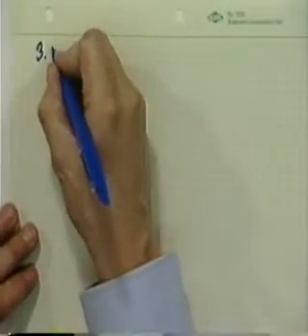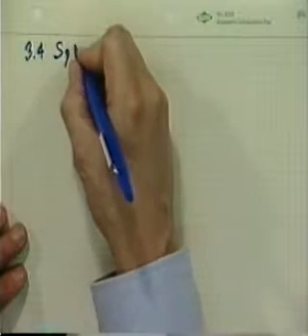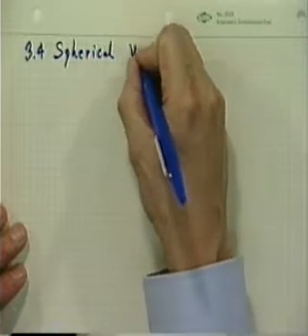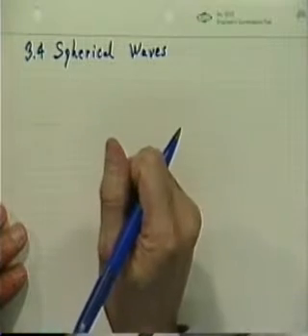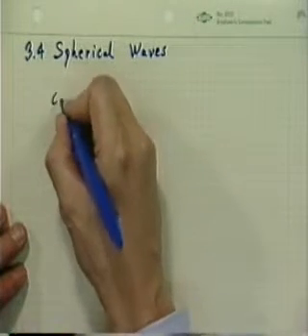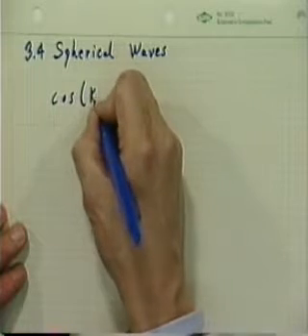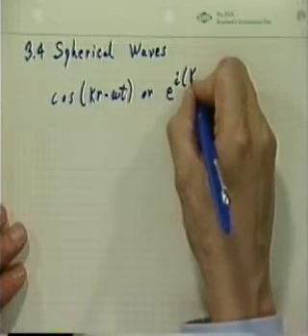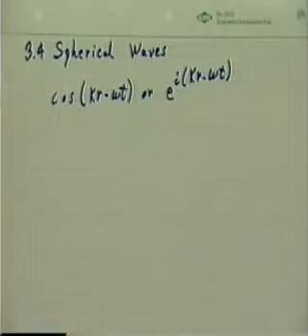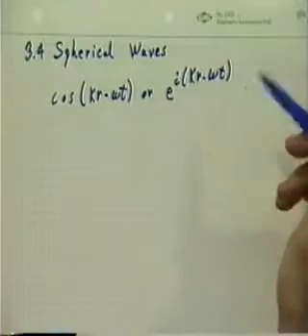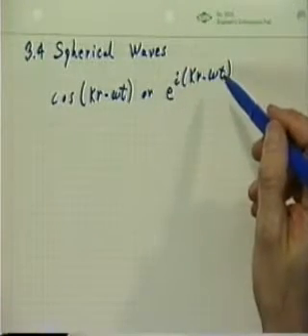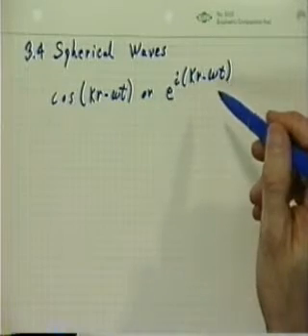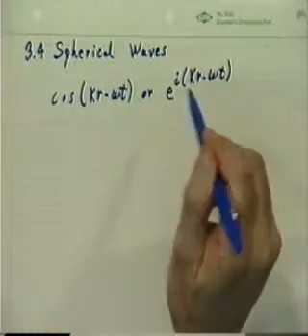And we'll go to section 3.4, which is called spherical waves. If we just say cosine of kr minus omega t, or e to the i, kr minus omega t, you might say these have constant values on a sphere, so you might think they represent spherical waves.